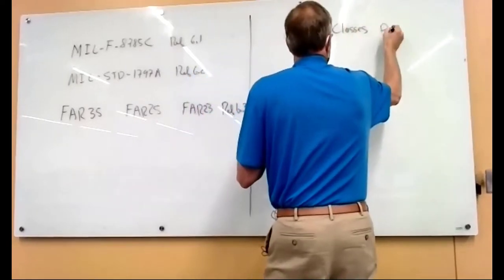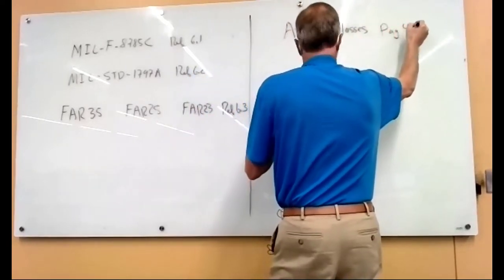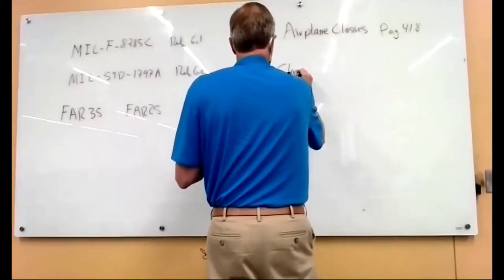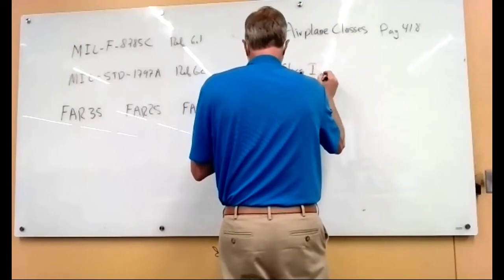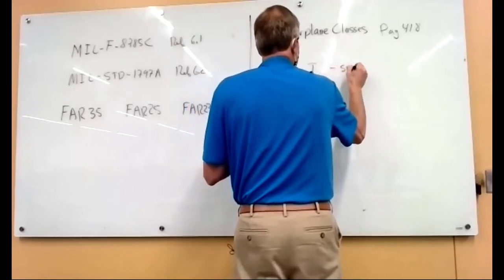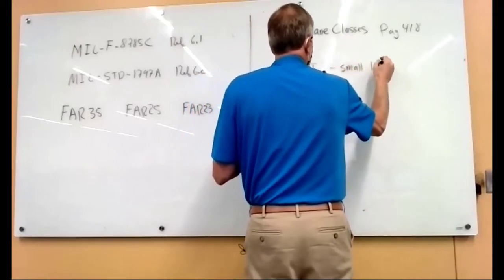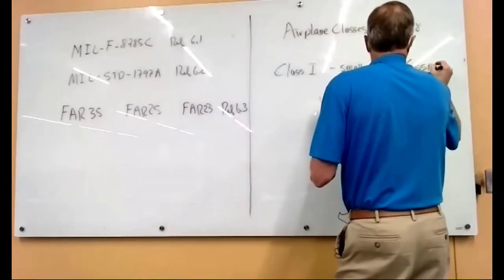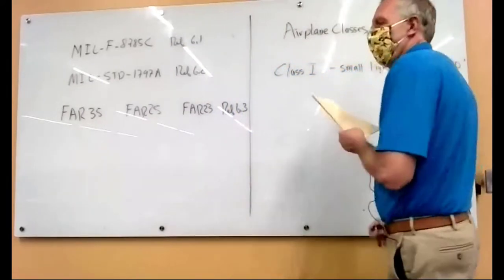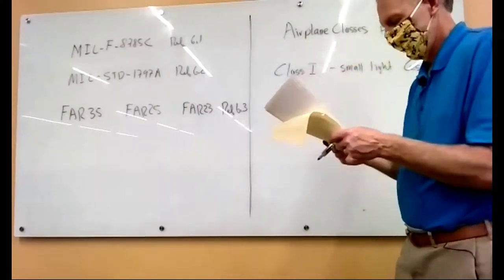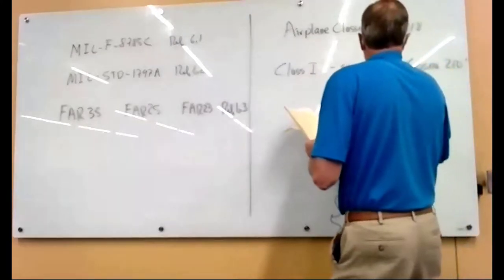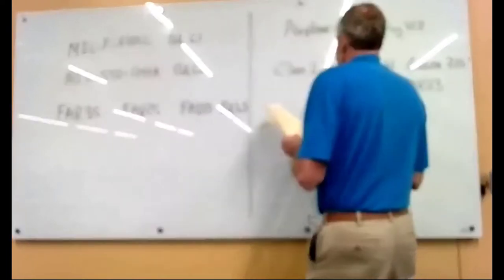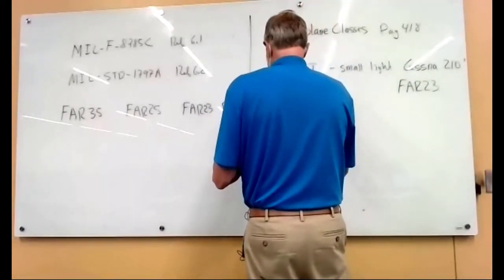So this is on page 418 in your book. So class 1 is small, light aircraft, like a Cessna 182 or a Cessna 210. And these would fall under part 23. And then you got class 2 aircraft.